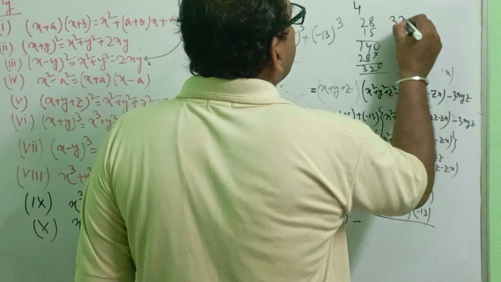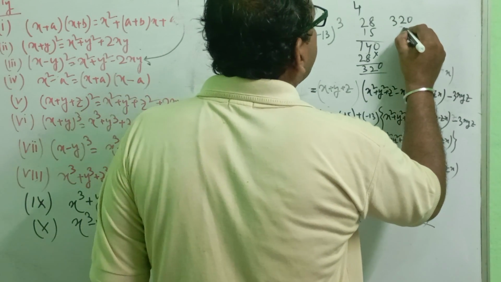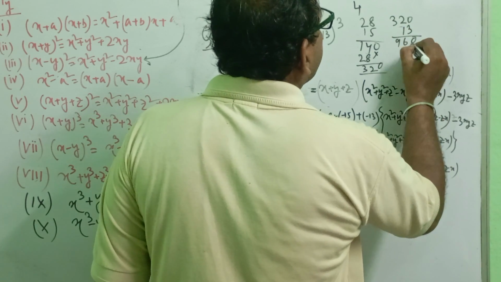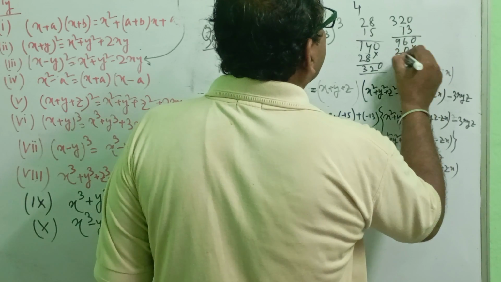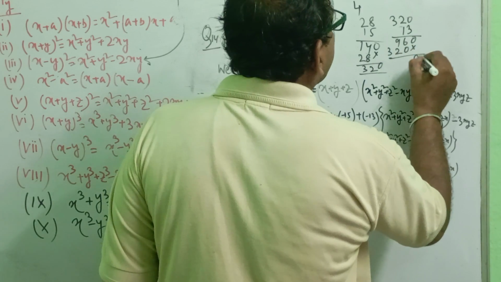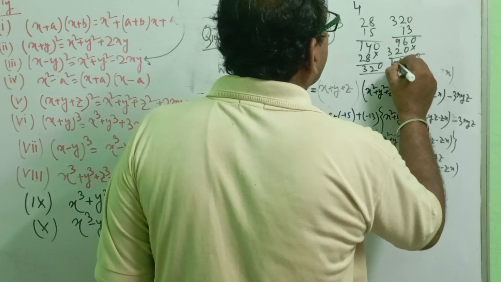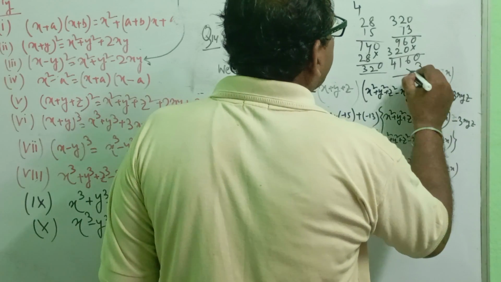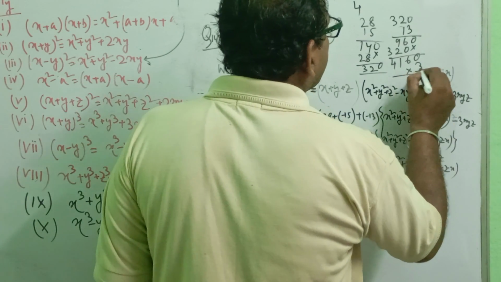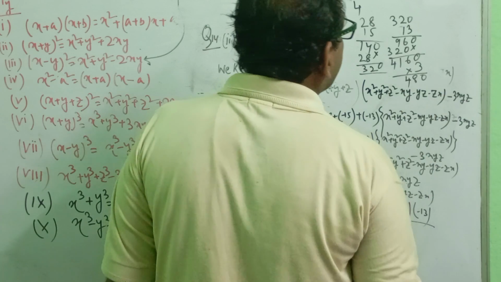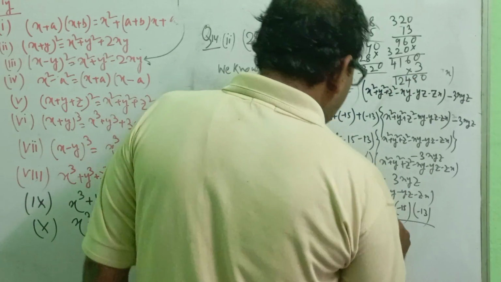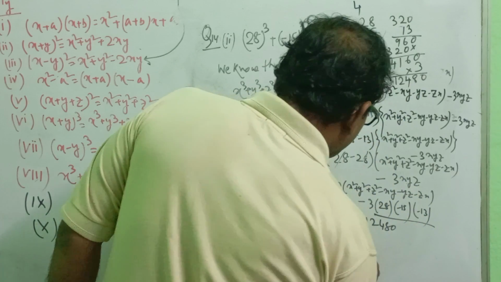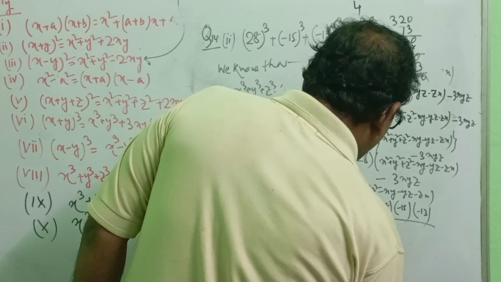Then multiply 420 into 3 and see what happens. Minus 1260.